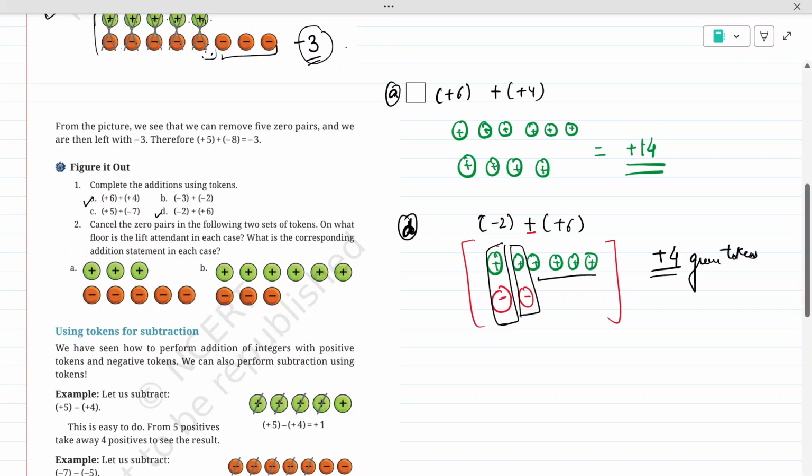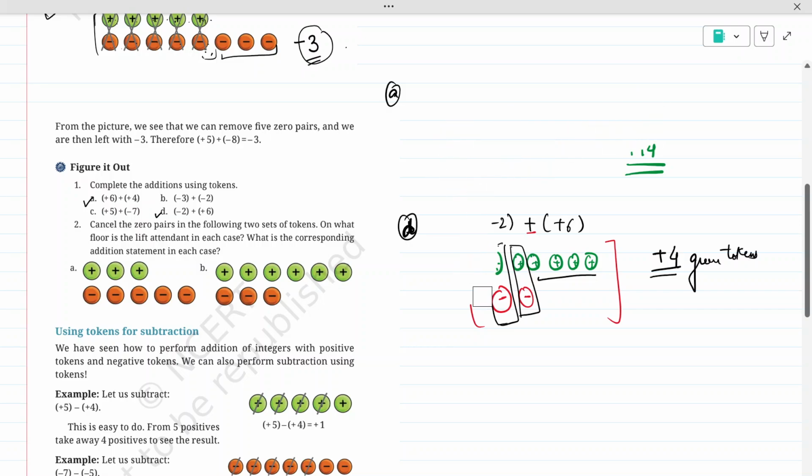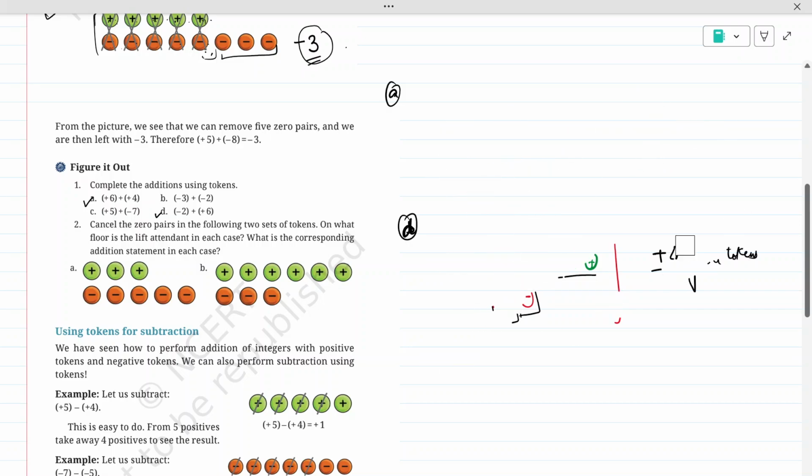Now here, let me erase this. In the second question, we have two parts again. So let's take the first part. Kids, what we have here is 3 positive coins. To this, we are adding 5 negative coins. This is the addition statement which is required.